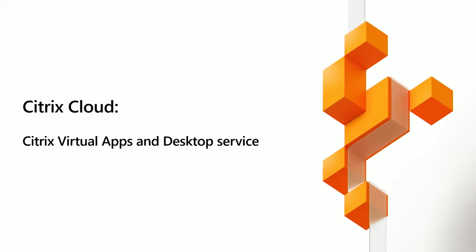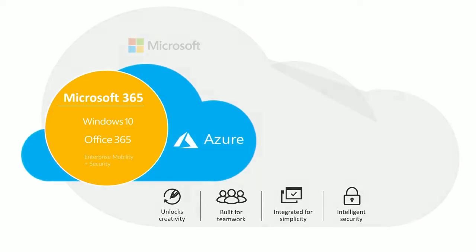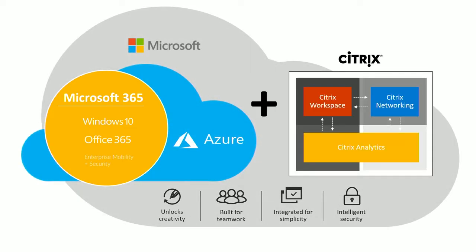Those are the type of services you're going to see in our Citrix Cloud. So at the core of it, it's focusing around the workspace and analytics and networking components that help with that connectivity to the user, data, and apps.